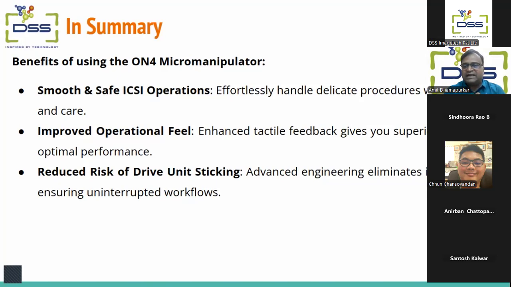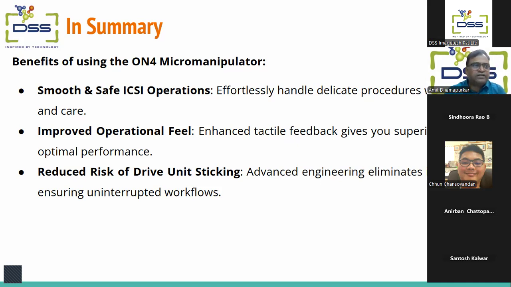So effortlessly handle delicate procedures with the precision and the care of the ON4. Improved operational feel and enhanced tactile feedback give you superior control for optimal performance. This is a part of the ON4 micromanipulation system, and it also reduces the risk, as the operations are motorized and manual operation is also incorporated in this system. We have also increased the speed of the Z-axis for micromanipulation.